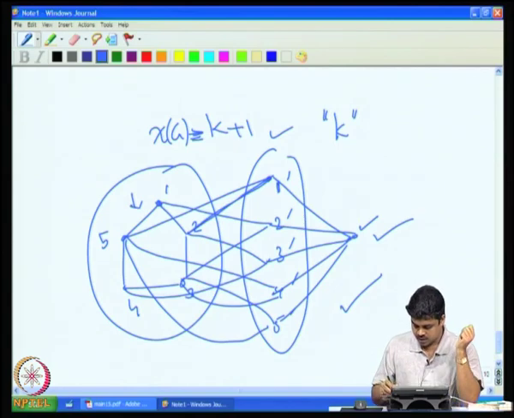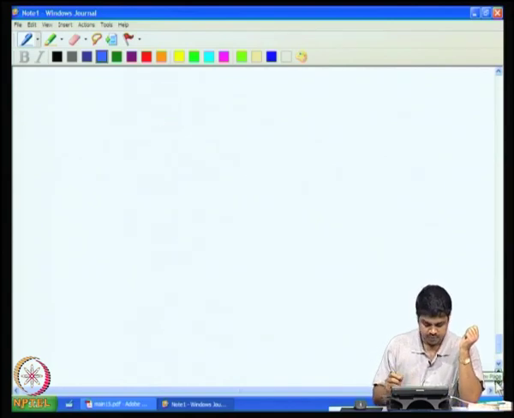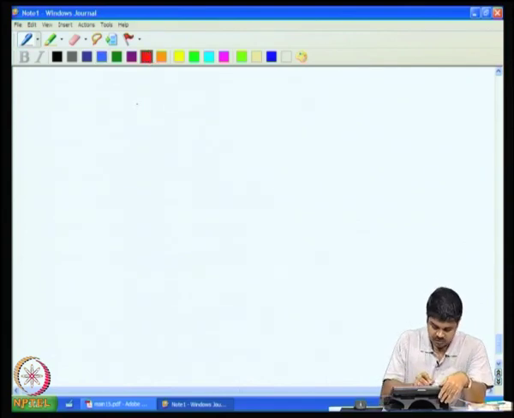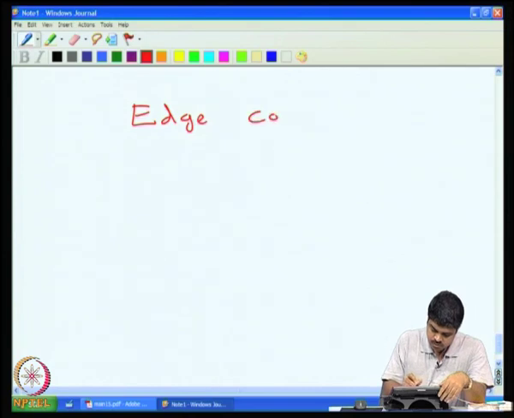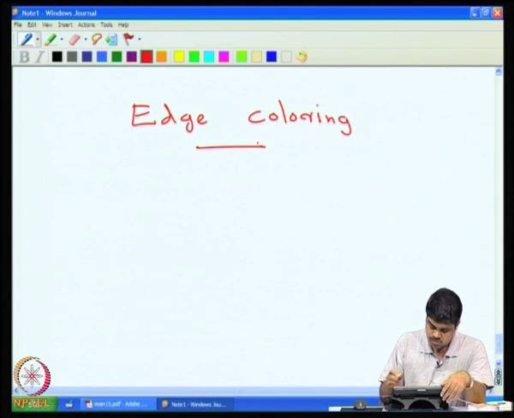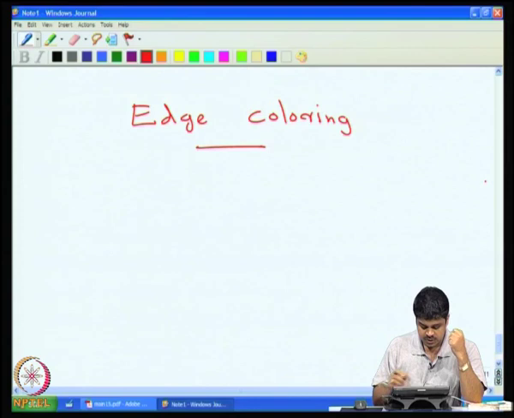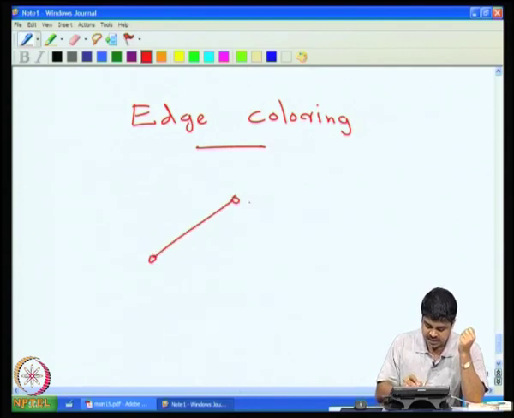So, I will move on to a new topic, namely edge coloring. Edge coloring, like vertex coloring, is the problem of coloring the edges of a graph in such a way that two adjacent edges get different colors.